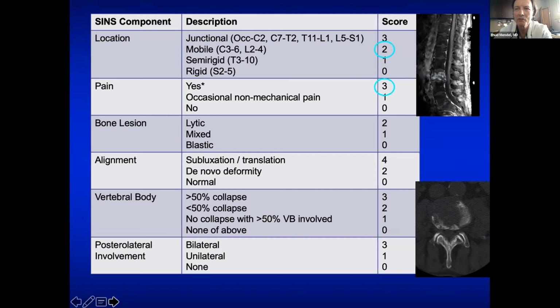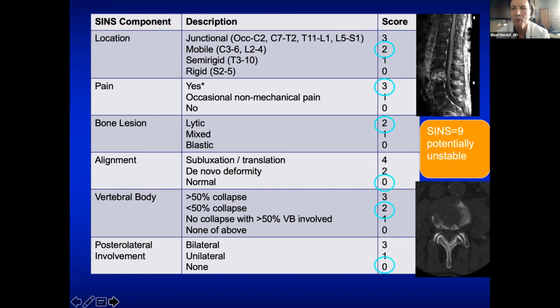And the lesion, you can see on the CAT scan that it's lytic, so he gets 2 for that. There is no subluxation, there's no deformity of the spine, so there's 0 points for alignment. The vertebral body is less than 50% collapse, so there's 2 points. And then when it comes to posterolateral involvement, there's 0 points.